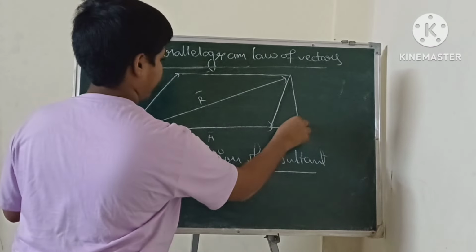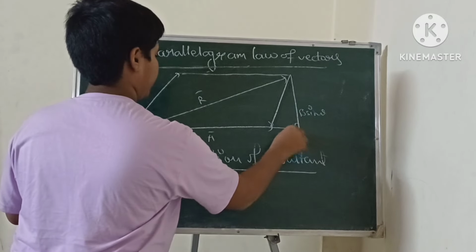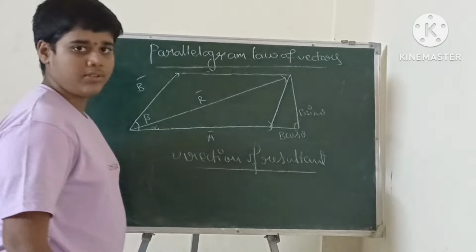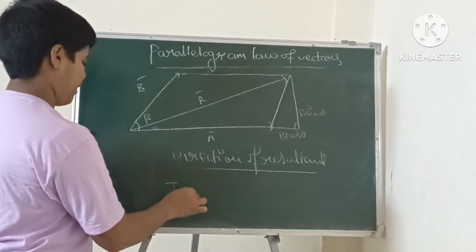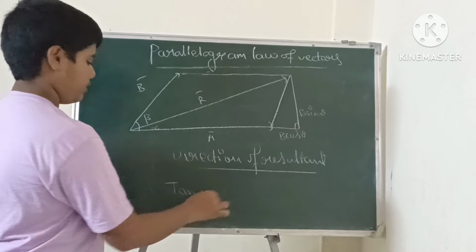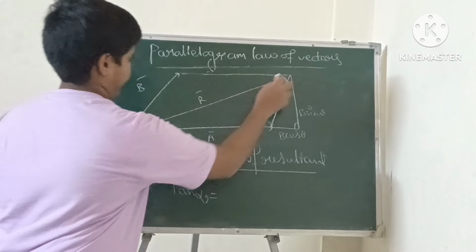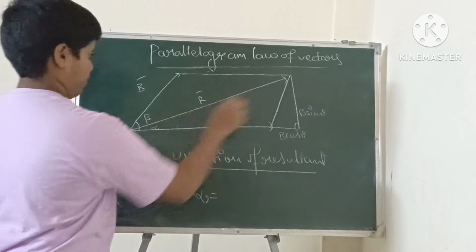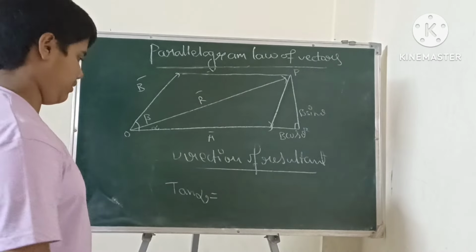this is a right angle triangle, B sin theta, B cos theta. Okay. So from this we have to find tan alpha. Tan alpha is the direction of this triangle, the OPR triangle.